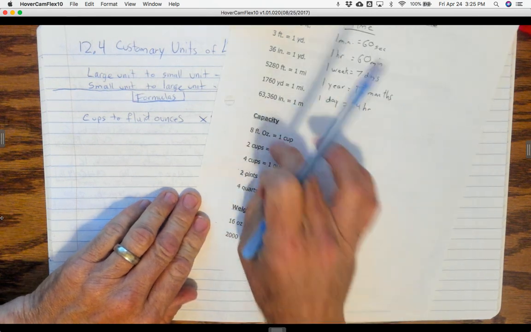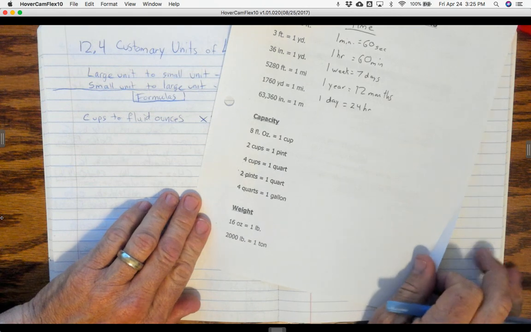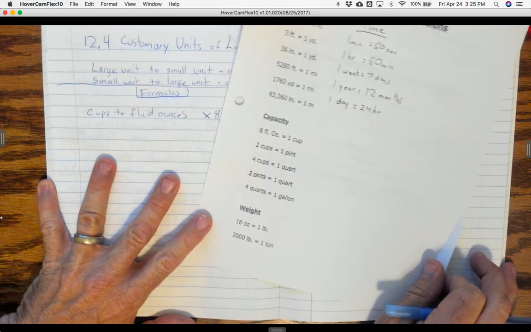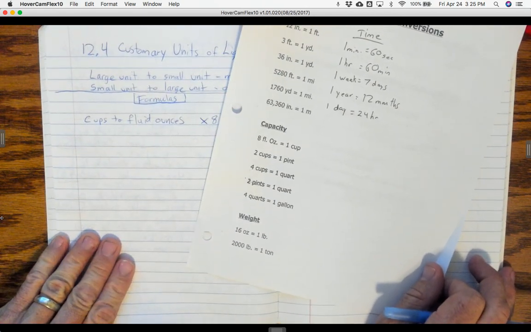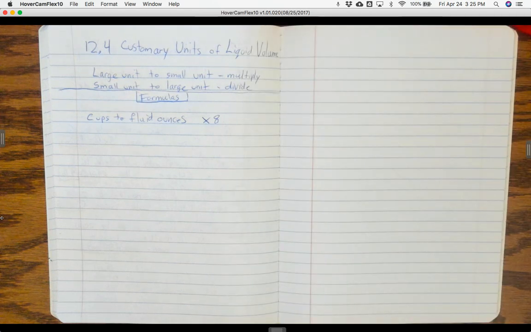So again, I'm referring back to this paper. If you haven't copied it or printed it yet, you're going to want to do that. It's definitely going to come in handy. I can tell you through middle school for sure, you're going to be using this information at one point or another during the year.